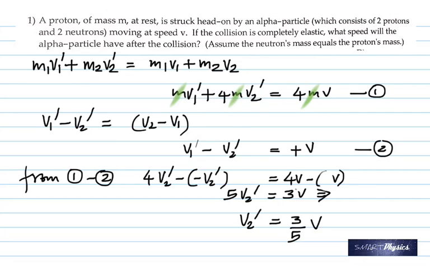That's the velocity of the alpha particle before collision, which we have taken to be v2, given the value v. So v2 prime is 3v by 5. So that's how you get the answer. You have to be very careful about not mixing up between the terms. So again, in this question we have called 1 the proton and 2 the alpha particle. So keep that in mind.